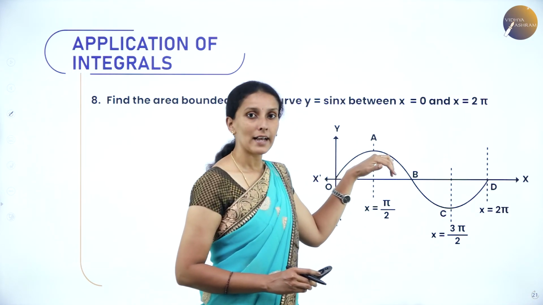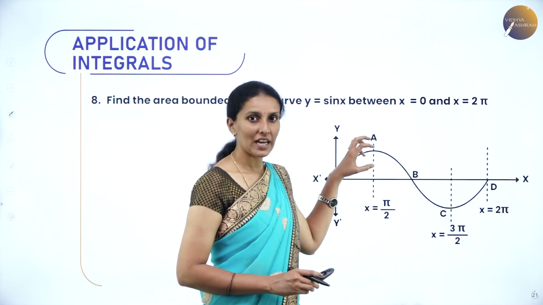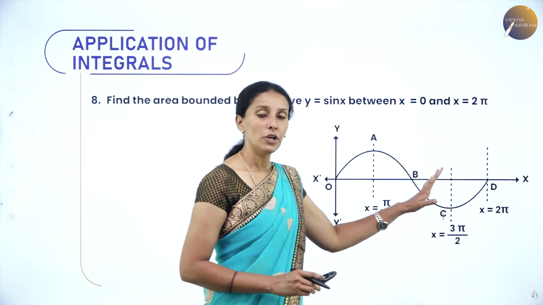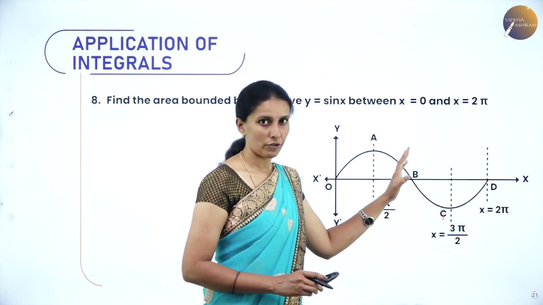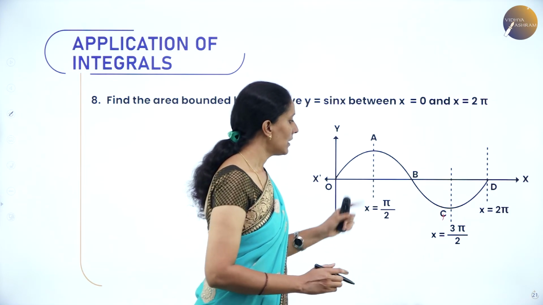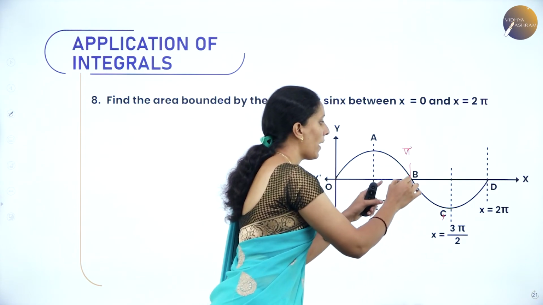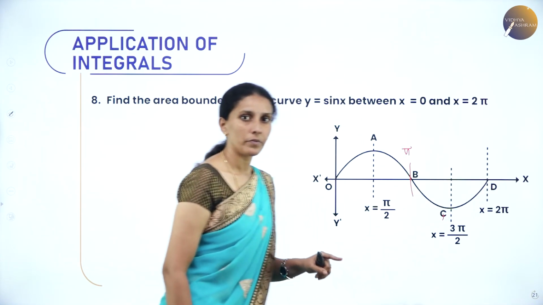Above the x-axis the function is positive, so we can calculate the area. But below the x-axis the function is negative. We have to apply the modulus for the required area, and the limits can be split into 0 to pi and pi to 2 pi. Why?